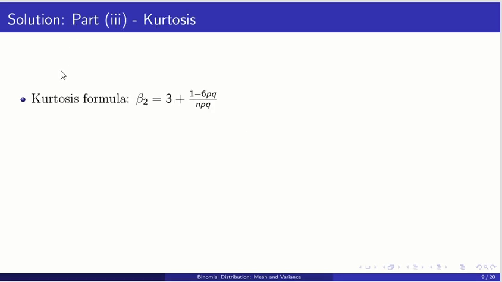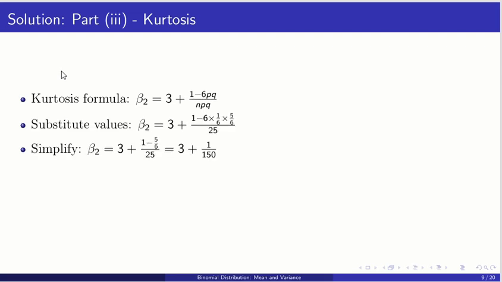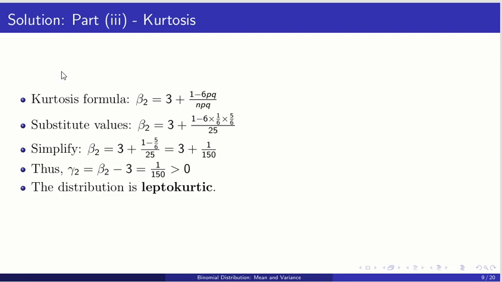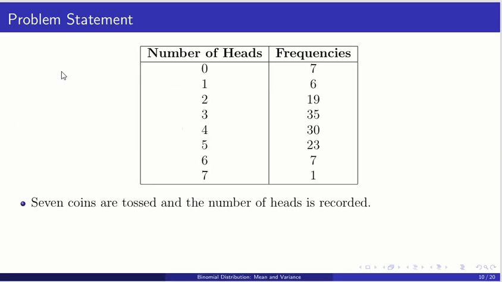Now the kurtosis formula: 3 plus (1 minus 6PQ) upon NPQ. So plug in all these values, we will get 1 upon 50, that is greater than 0. That means it is positive, so the distribution is leptokurtic. If it were negative, it would be platykurtic.